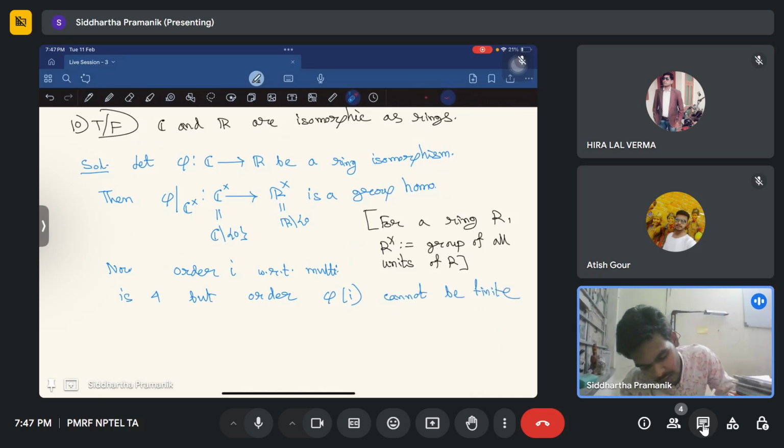Because in R star, there are only two elements which have finite order, and they are 1 and minus 1. But phi maps 1 to 1, so it maps minus 1 to minus 1. And it is also bijective because it's an isomorphism. So phi of i cannot be plus minus 1. So it cannot be of finite order.